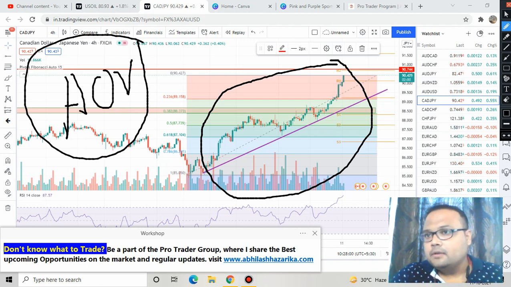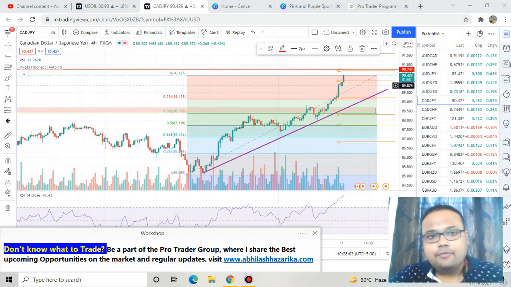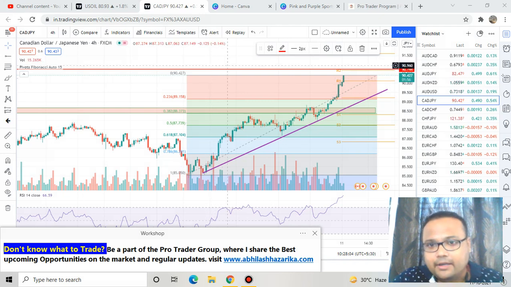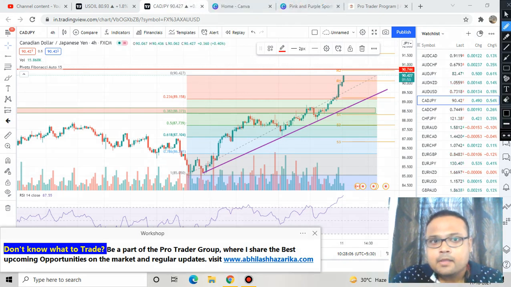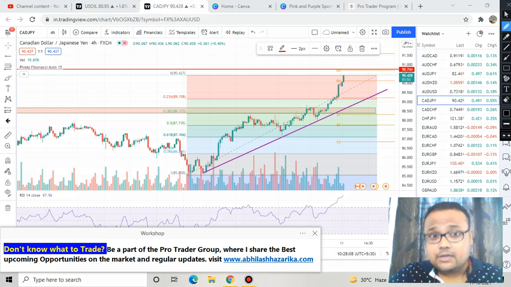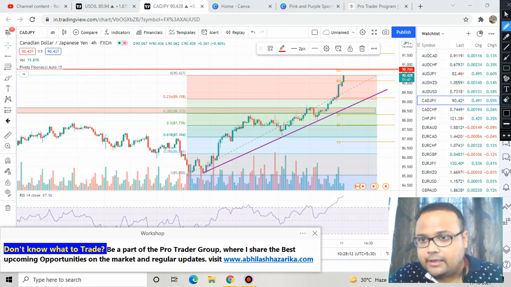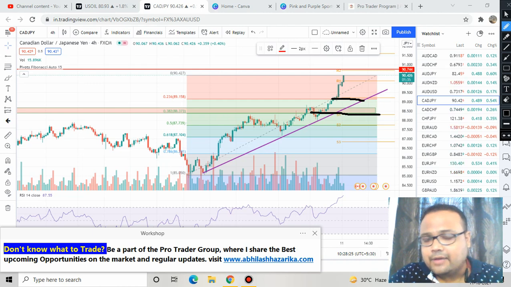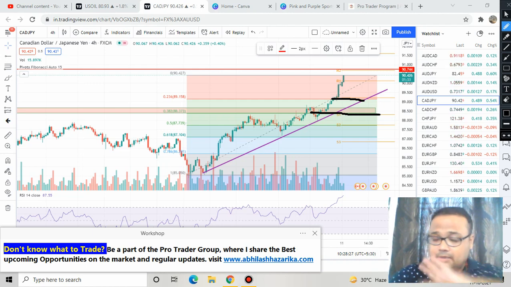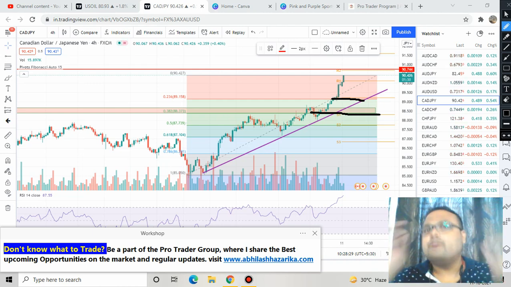So we have taken help of the Fibonacci retracement levels here, and you can see that the first Fibonacci level, 23.6%, is at around the 89.25 level. Then we have the Fibonacci 38.2% retracement level at the 88.50 level. Considering this uptrend in the market, these two levels are important.